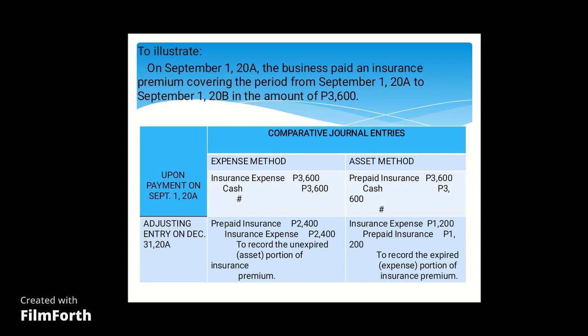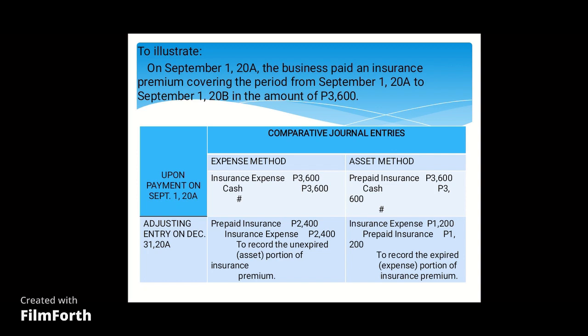In asset method, insurance expense is the debit, credit prepaid insurance with an amount of 1,200, which is the expense or expired portion of the 3,600. So take note that both methods arrive at the same account balance after the adjustment.